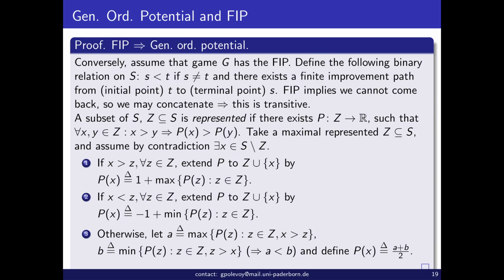If they are not exactly the same profiles, and there exists a finite improvement path whose initial point is S and whose terminal point is T. Now, since we assume the finite improvement property, there cannot be a finite improvement path in the other direction too, because then it would cycle, and the finite improvement path cannot cycle.